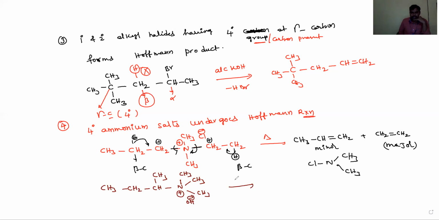Then what is the product on heating? Here nitrogen is attached to CH3 groups, which have no beta carbon atoms, so this group will break first.